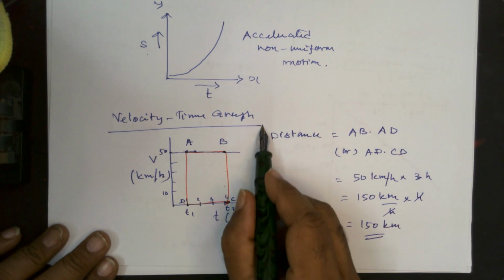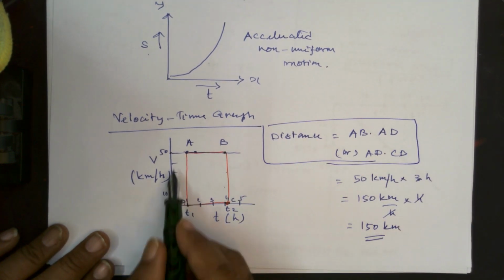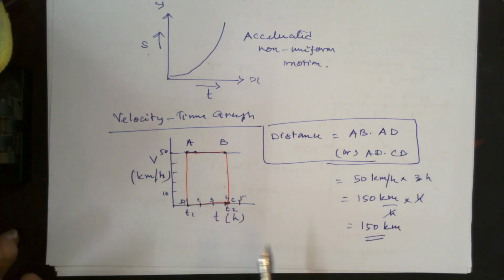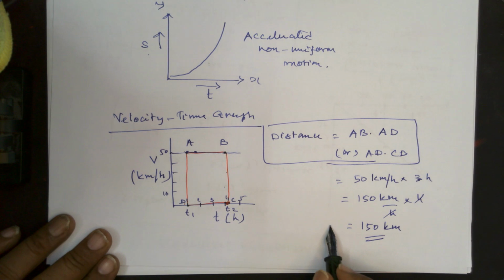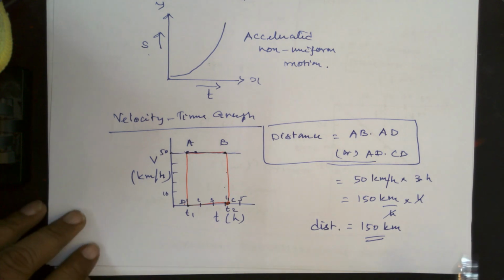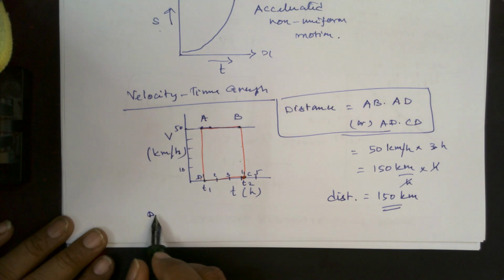So from this it's clear that the distance can be obtained by calculating the area of the rectangle obtained in the graph. Okay, so that is the distance checked out. So distance is nothing but the area of the rectangle in the velocity time graph. Okay, you can mention that one also. So what is distance?